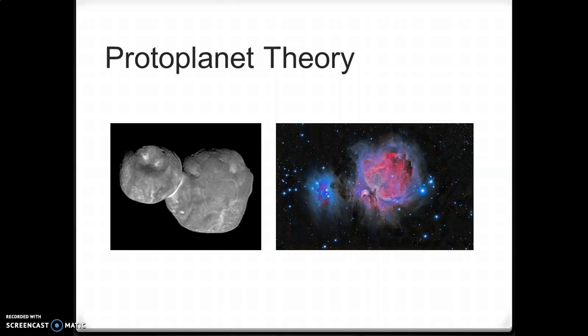Under the influence of turbulence and tidal action, the nebula broke into whirlpools of gas within a rotating mass called protoplanet. This theory, however, does not explain the formation of the terrestrial planets and gas giants.